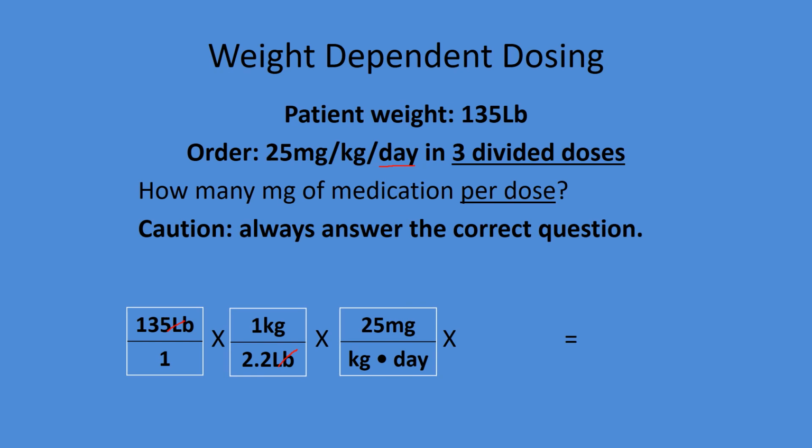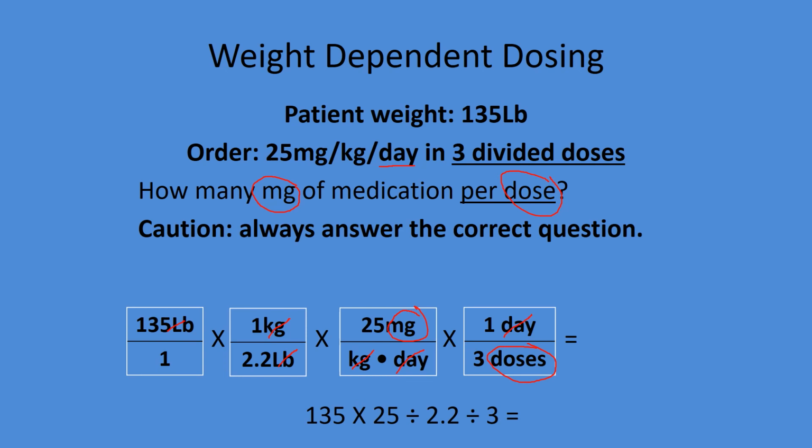And to divide by doses, you get 3 doses in a day. So every 1 day, there are 3 doses. Days cancel out. Let's take a look at your units. Milligrams per dose. And we're left with milligrams per dose. Crunch the numbers, and they'll need 511 milligrams per dose.